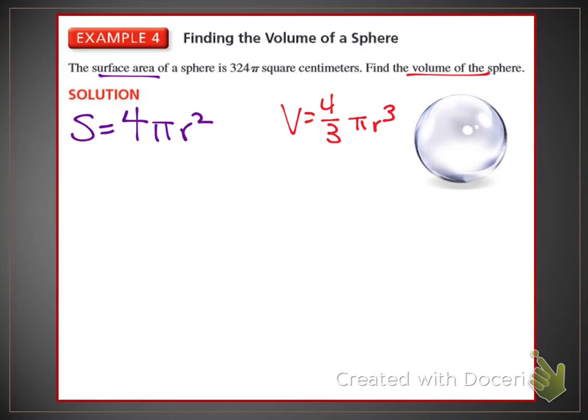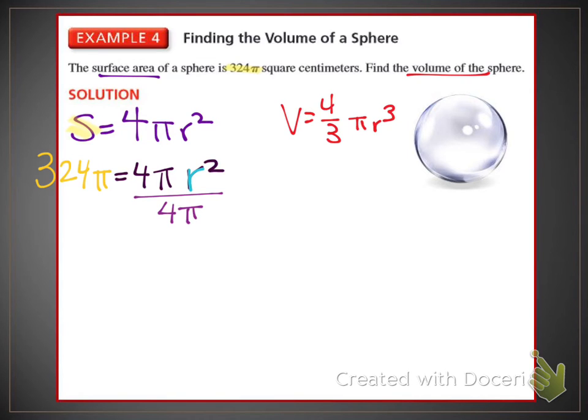So they told us the surface area is 324 pi. So we will plug that in. 324 pi equals 4 pi r squared. Remember that our goal is to solve for r. So we need to get r squared by itself. What is my first step to get r squared by itself?